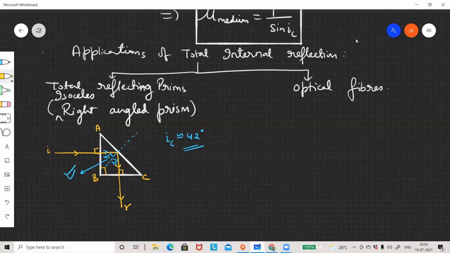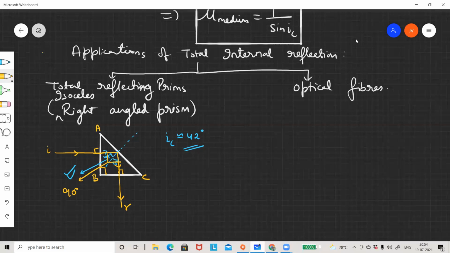Because the angle of incidence on surface AC is 45, more than 42, there is no more refraction. There is total internal reflection, and the ray of light is completely bent through 90 degrees. This is how a prism helps in reflecting the ray of light through 90 degrees.